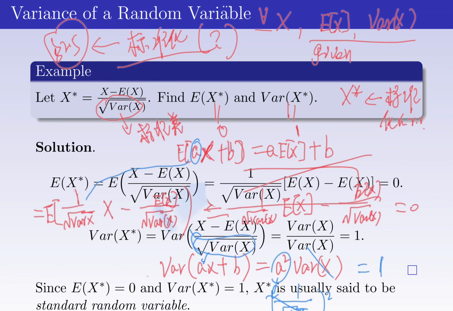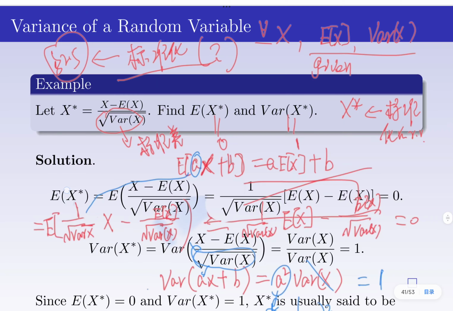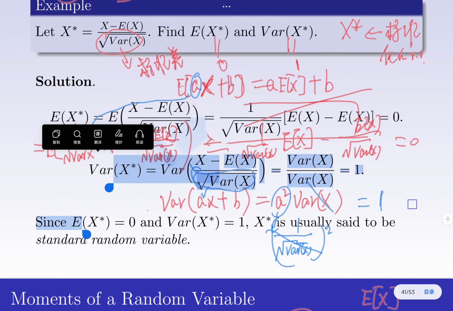What is the meaning of this? Oh, this is E. Oh, I know. This is a little interesting thing: EX and VX are just the same number.